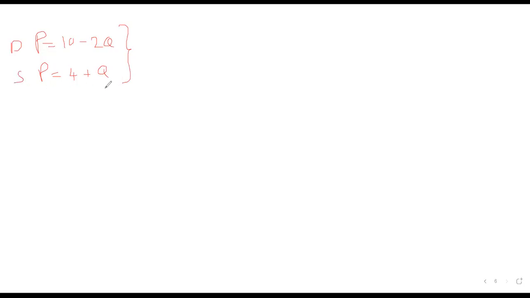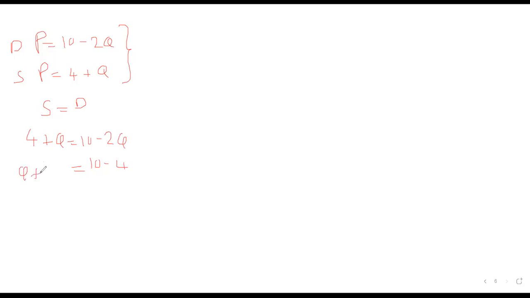So what happens at equilibrium? Supply is equal to demand. All right. So our supply is 4 plus Q. Our demand is 10 minus 2Q. So we make Q subject. So the 10 will be here. When we bring the 4, it will subtract. The Q will be here.